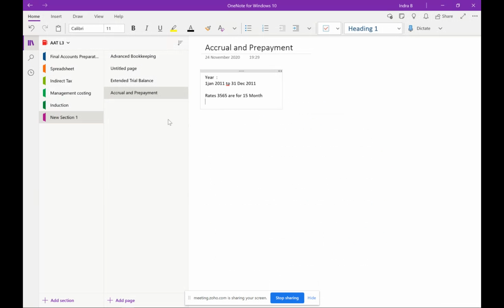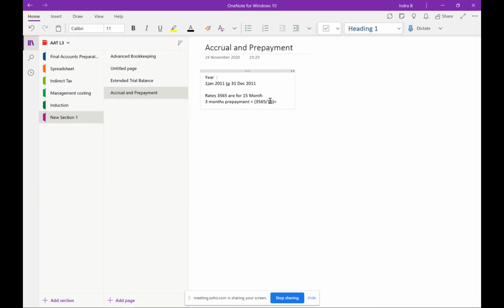So here 3 months prepayment. Yeah. So we have to divide it by 15 and times it by 3, because this 3565 by 15 will show us 1 month rent, and times by 3.